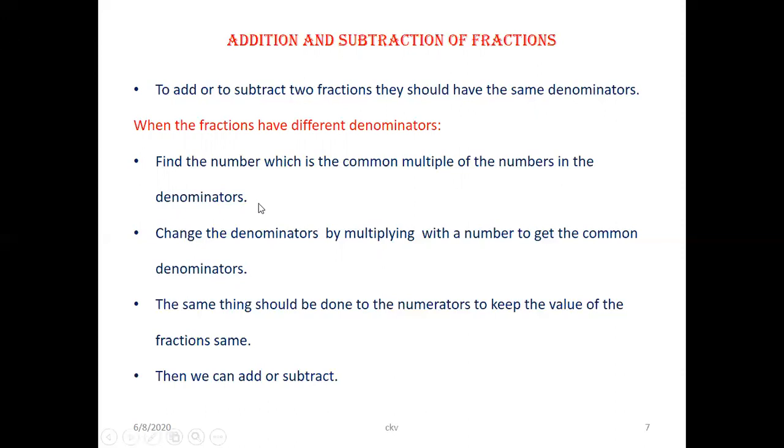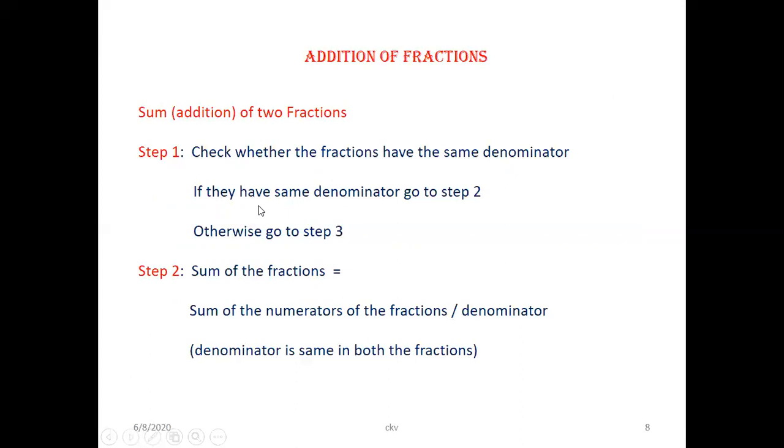See here, if you have two fractions and you have to add them, you check, as I said earlier, whether the fractions have the same denominator or not. If the fractions have the same denominator, you sum the numerators of the fractions and divide by the denominator, which is common to both the fractions.